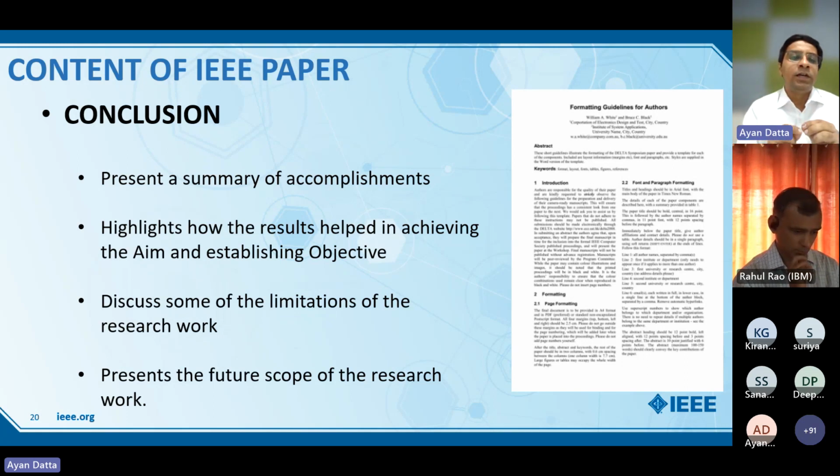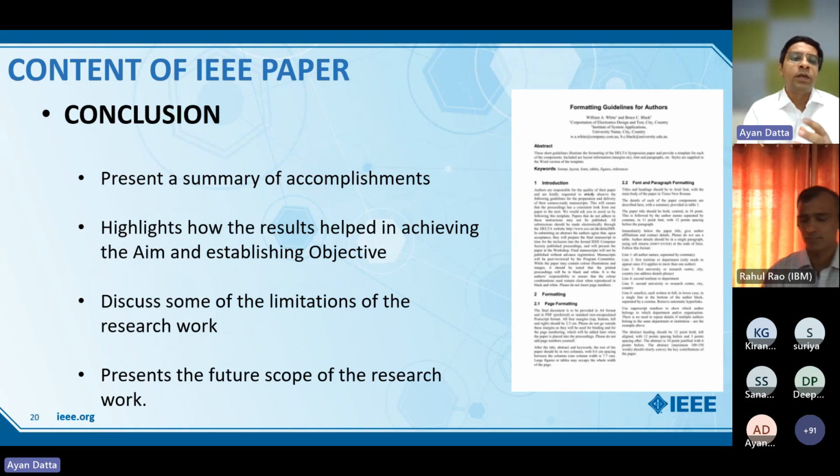Because the reader needs to be clear that this area of research or idea is focusing on this area, rather than making it generic and not highlighting the limitations. And finally, the future scope of the research work is very, very important, because the goal is not just to approve this research, but to enable other researchers across the globe and the planet to take this idea as a seed and then try to build upon it, right?